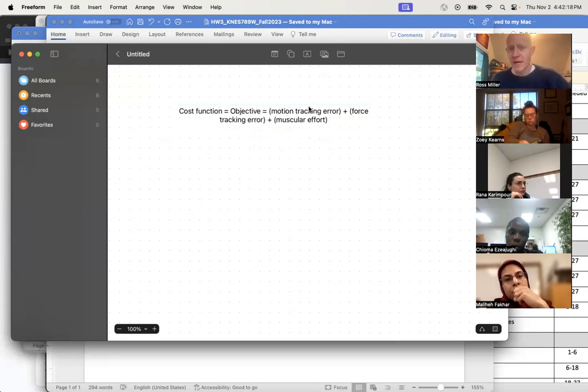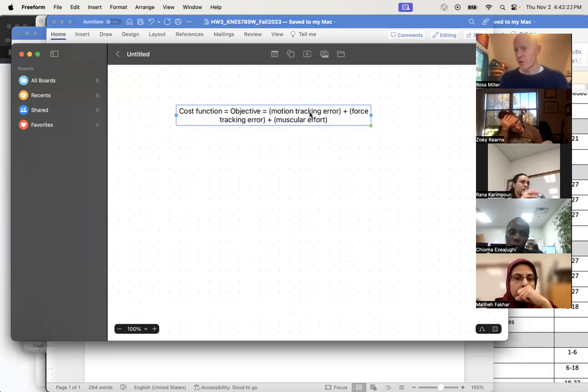So what this is minimizing is it's taking all of the model's joint motions, say the angle of the knee in the model, the angle of the hip in the model, the angle of the pelvis, all those motions in the model, comparing them to the target motions in the data, taking all those differences, squaring them, and averaging them. Okay. Then it's doing the same thing for the ground reaction forces.